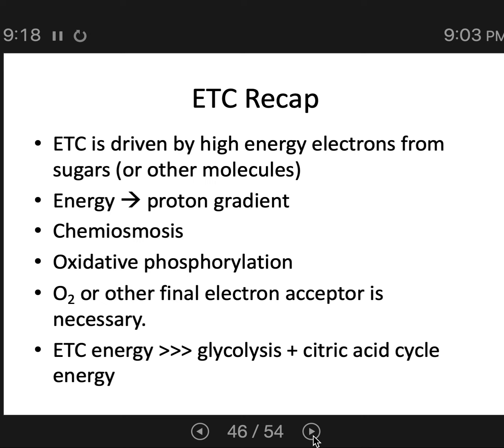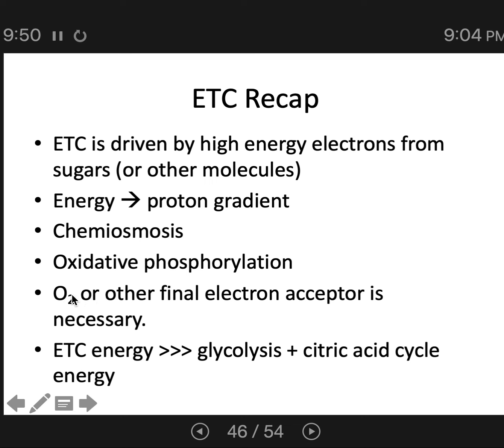Aerobic organisms require oxygen. Then you have chemiosmosis. Protons flow back through ATP synthase, driving ATP synthesis, right? So with oxidative phosphorylation, aerobic organisms require oxygen to be the terminal electron acceptor. Oxygen will clear those electrons to keep that proton gradient going and keep chemiosmosis going.